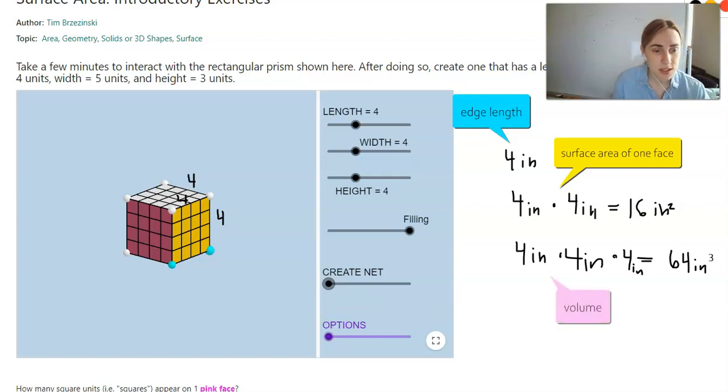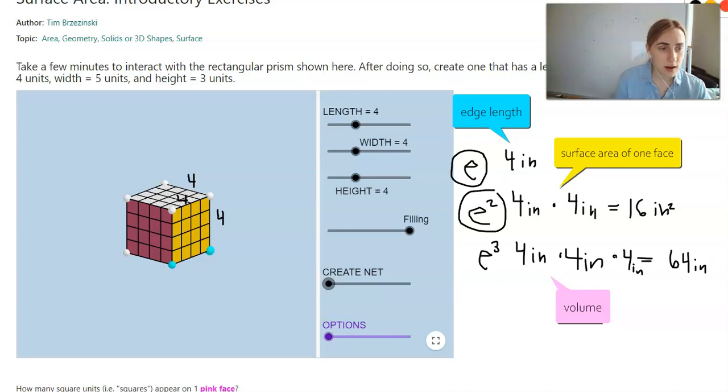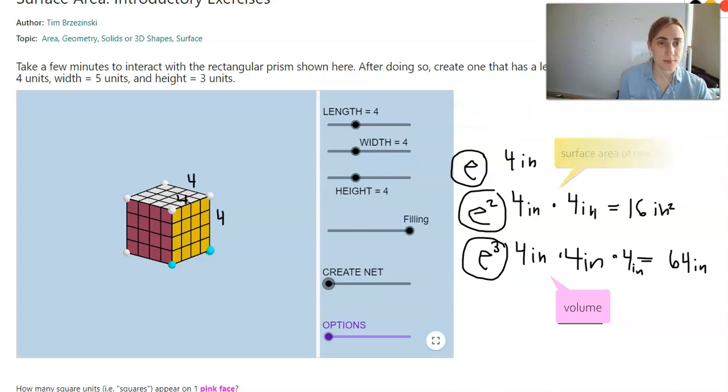So we have a relationship here where we have the edge length, and then we have the edge length squared for the face of a cube, and then we have the edge length cubed for the volume of the cube. We can think about it as we move through this lesson. All right, what can the edge length, the surface area of the cube, and the volume of the cube do for us when we're trying to visualize square roots and cube roots?